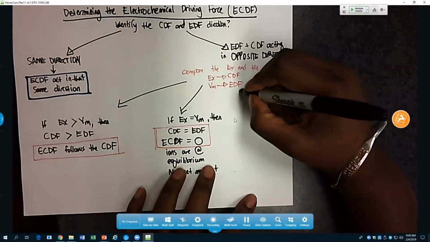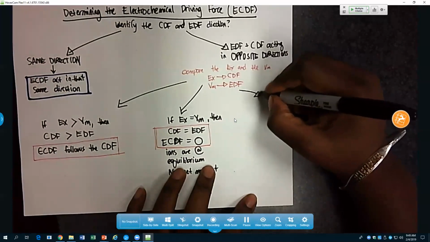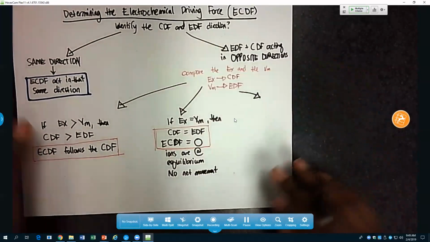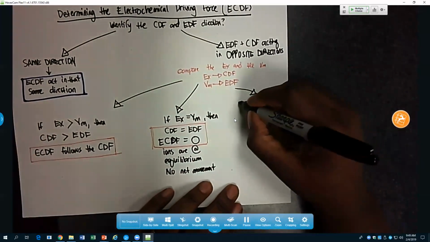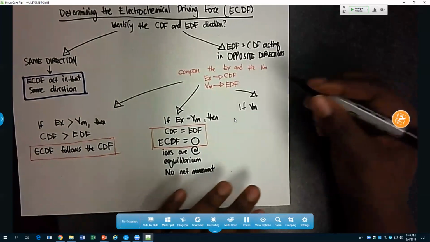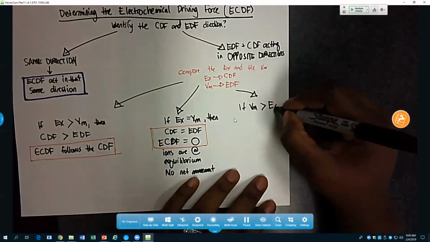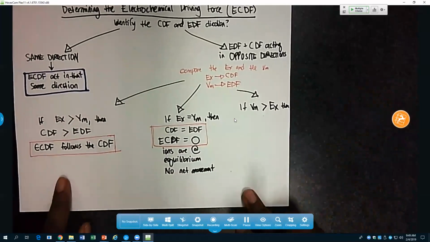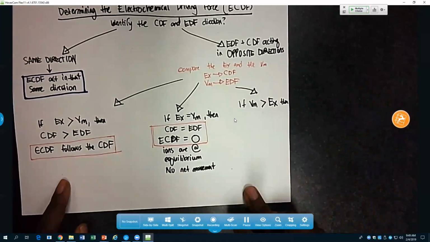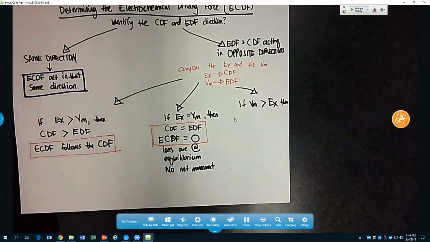And then our fourth scenario here is if the membrane potential is greater than the equilibrium potential, then the opposite of that first scenario is true. We said that the membrane potential is indicative of the degree of separation of charge.